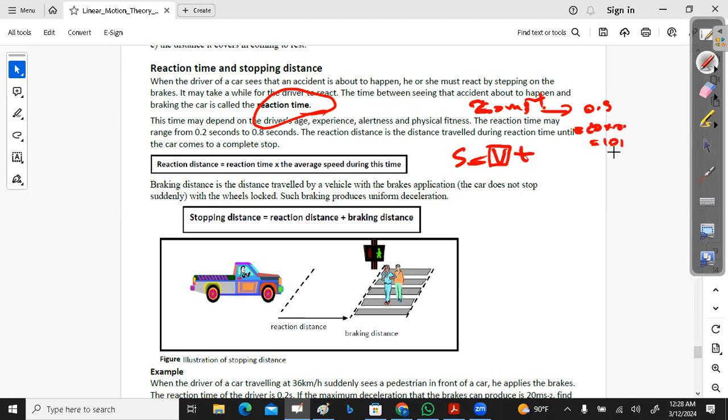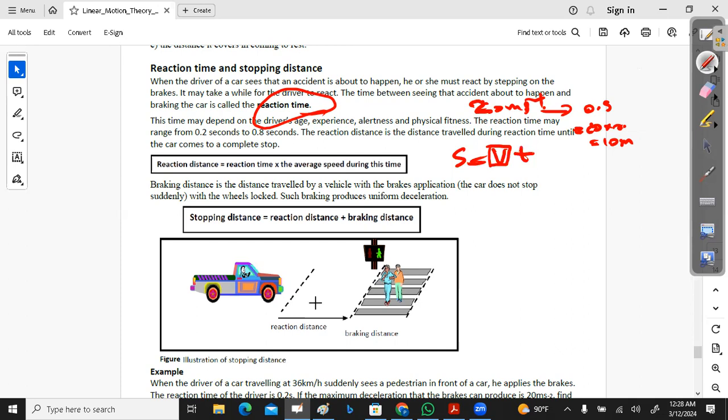The vehicle has already gone 10 meters, but is only now applying the brake. If your reaction time is 1 second, you will travel a further 20 meters before applying the brake. It is very dangerous, so reflex time should be minimal.